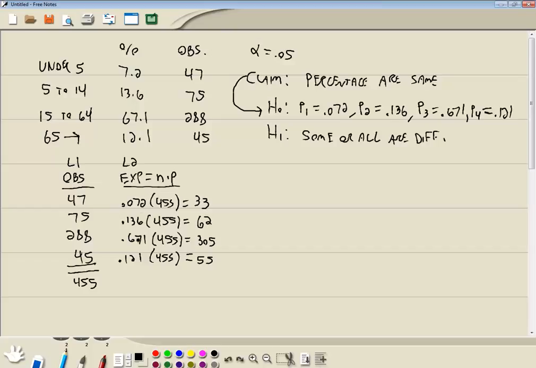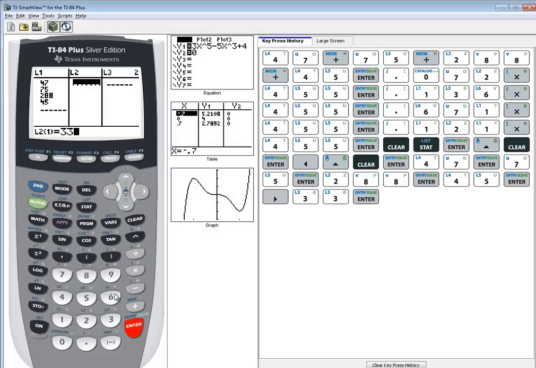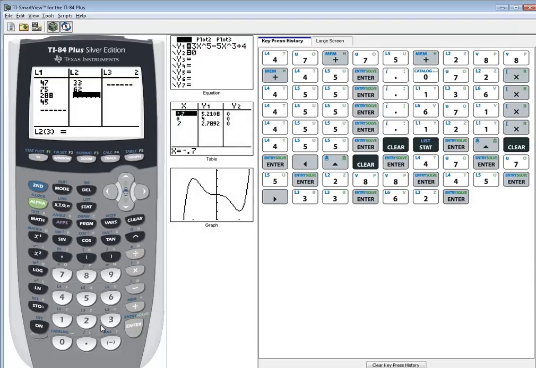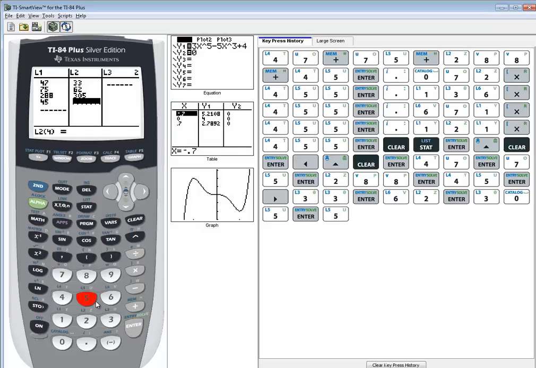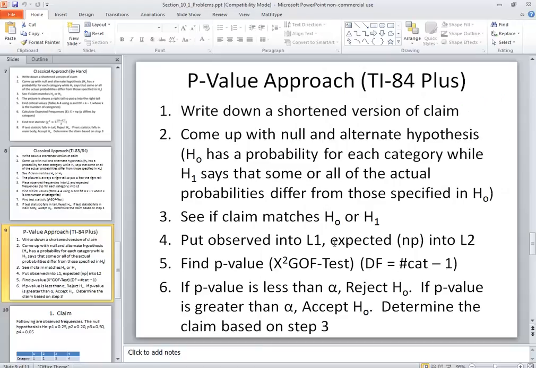And then go over to L2, and you got 33, 62, 305, and 55. Okay, and I'm going to exit out, so I do second mode. And that was step 4. Put observed into L1, expected n times p into L2.